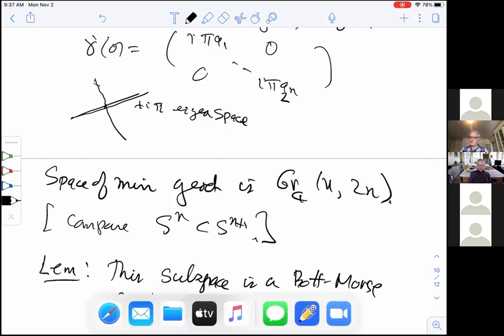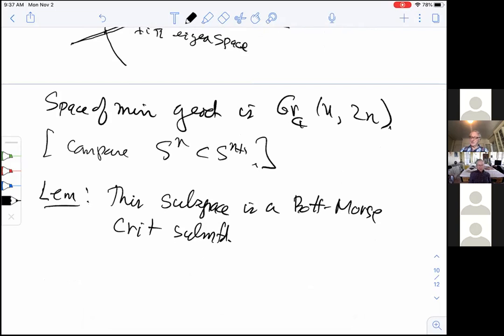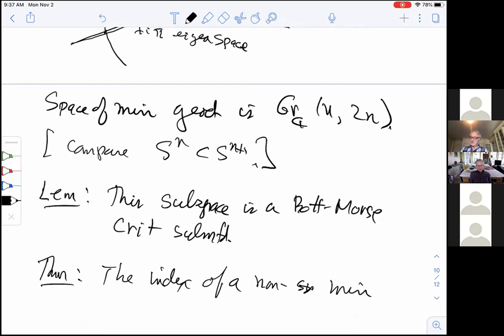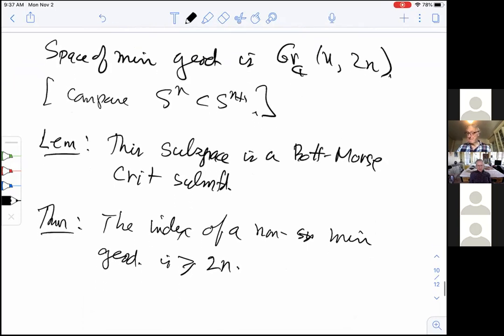It's no bigger. And then I have to show, theorem, the index of a non-minimal geodesic is greater than or equal to 2n. I think it is.